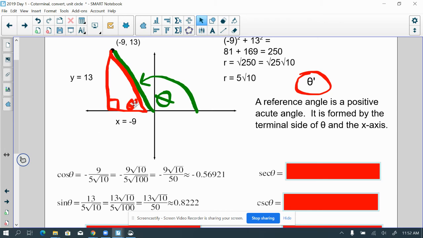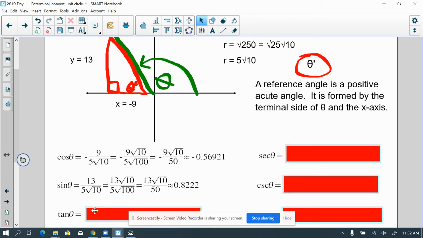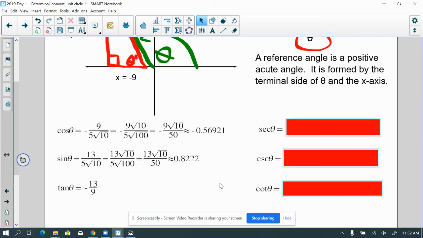So the opposite is 13, and the adjacent of this angle is -9. So it's 13 divided by -9, which is -13/9. Incidentally, remember tangent on the unit circle is the y value divided by the x value. Same thing here. This is the y value, this is the x value, and when you divide them, you get -13/9.